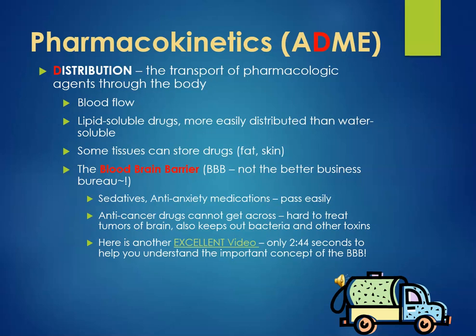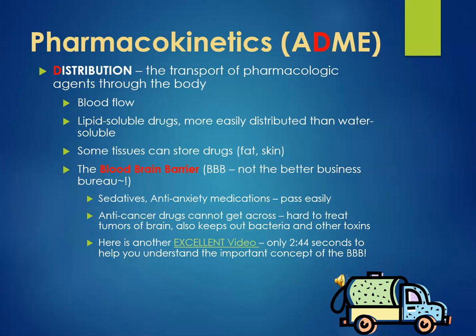So, for instance, sedatives and anti-anxiety medications tend to pass really easily. They affect the central nervous system, and that's why they affect the central nervous system, because they're able to get in. Chemotherapies and things like that have a much more difficult time.